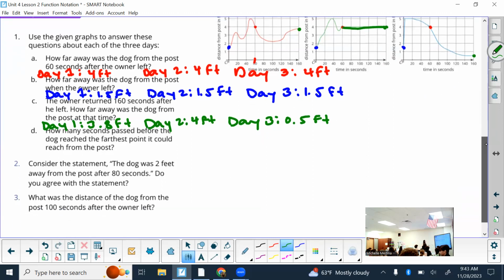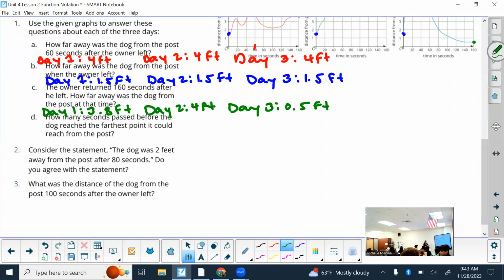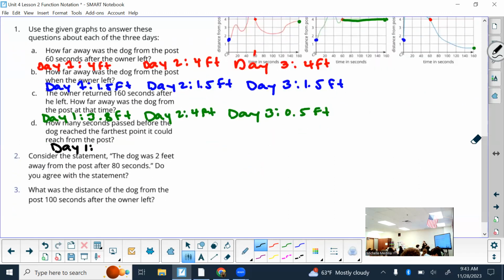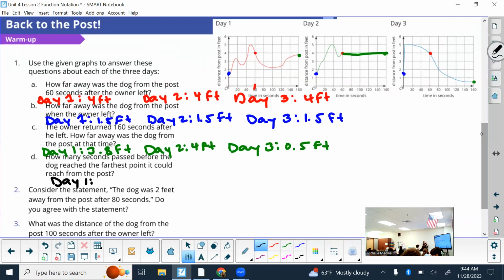All right, table 2, part D, for day 1. How many seconds passed before the dog reached the farthest point it could reach from the post? Or you could also tell me, how do I know where the dog was the farthest on these graphs?